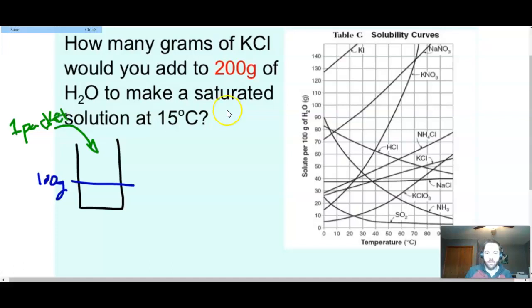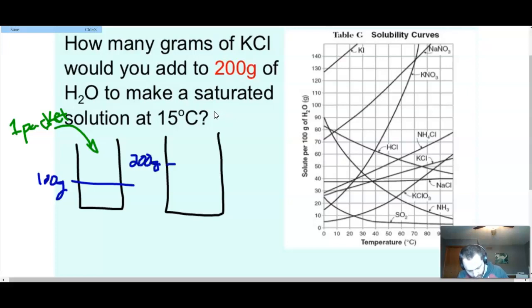This question is basically saying, well, what if you wanted to double your amount of Kool-Aid, if you wanted to up this to 200 grams? Without doing any fancy chemistry, can you tell me how many packets you would need? Yes, that's correct. You would just double it to 2 packets. So instead of 100 grams of water, we're going to double how much water is in there, so I'm just going to double how much can be dissolved.